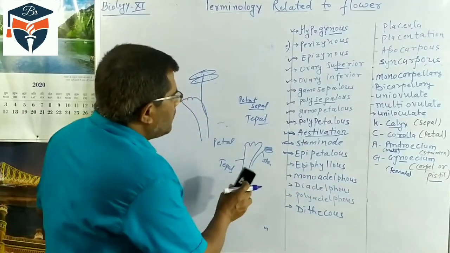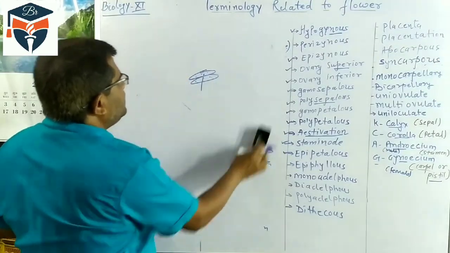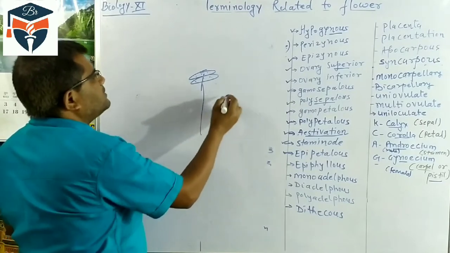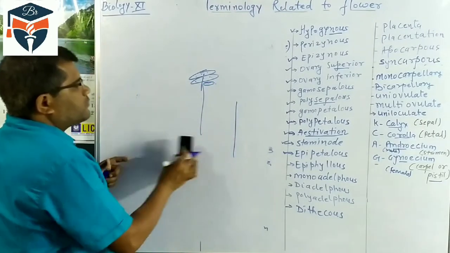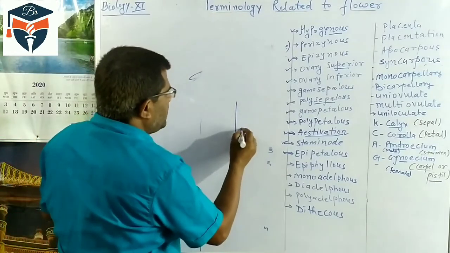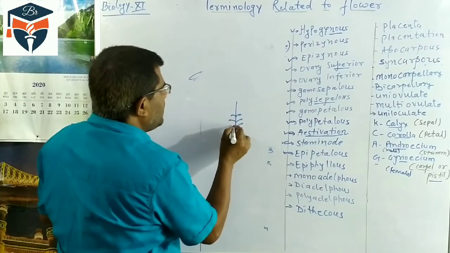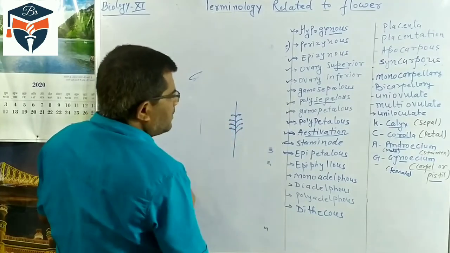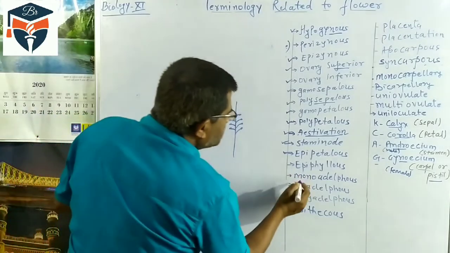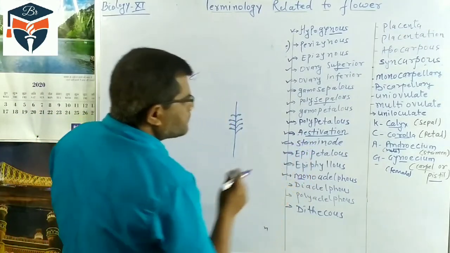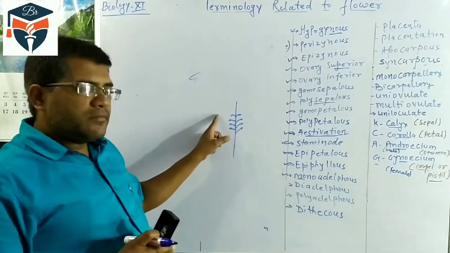Then monoadelphous. If there are many stamens and they form a bundle, that is, if the stamens are in a single bundle, it is called monoadelphous. This is the monoadelphous condition because the stamens are in one bundle.